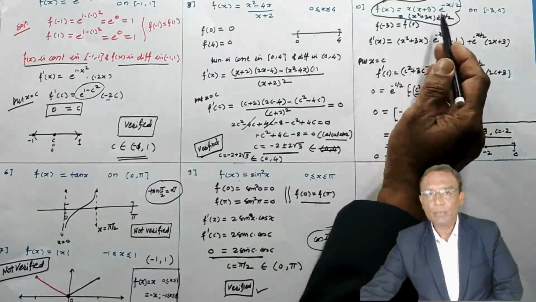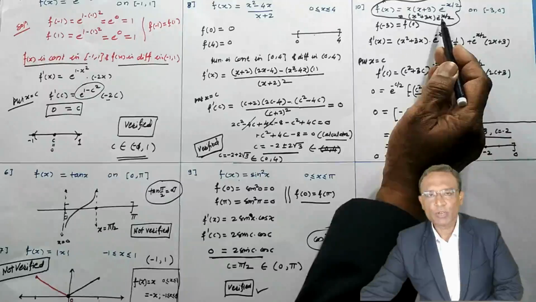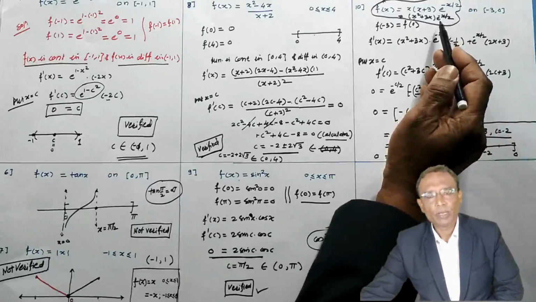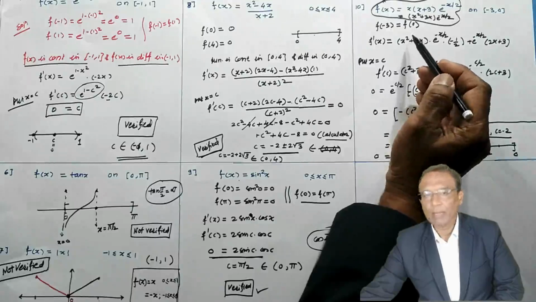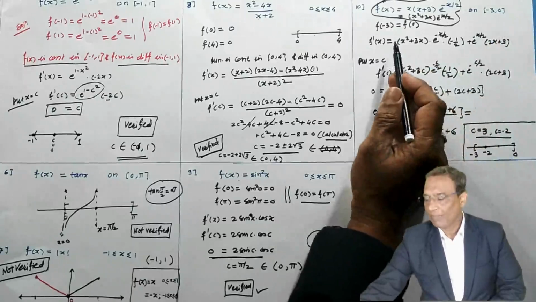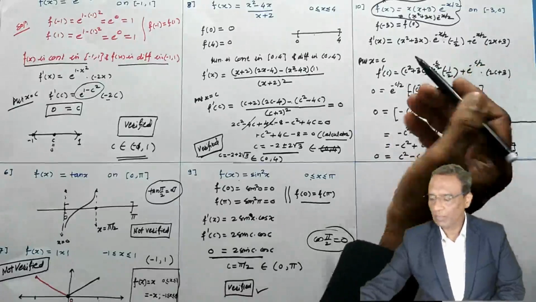This function is differentiable and continuous, because this is a polynomial function and this an exponential function. Exponential functions and polynomial functions both are continuous and differentiable. Therefore, you can directly write function f(x) is continuous in the closed interval minus 3 to 3. Function f(x) is differentiable in the open interval minus 3 to 3. I have not written it, but you can write it.